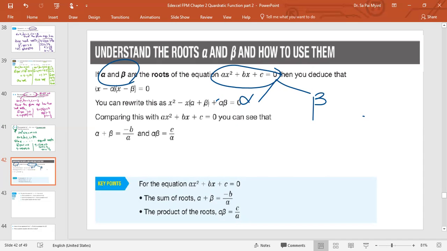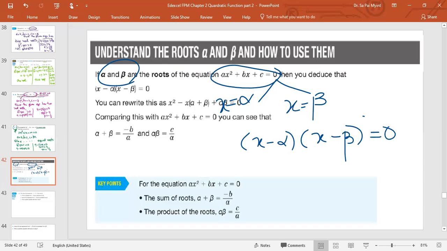This means x equal to alpha, x equal to beta. So how do you find the quadratic equation from the solutions? By multiplying these 2 solutions, we can find the quadratic equation: x minus alpha, x minus beta equal to 0.